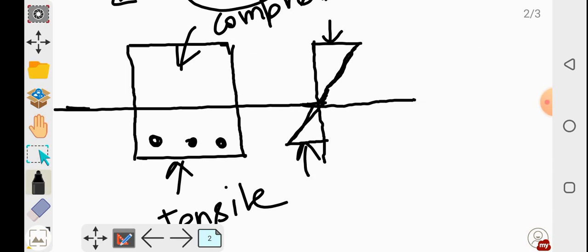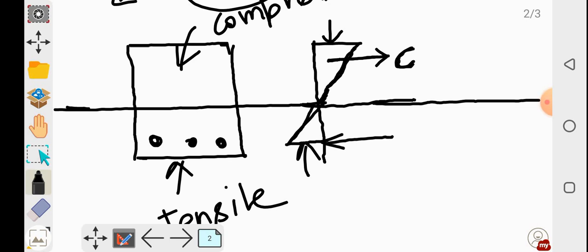Now we know, if I multiply the stress by the area, we will get the compression force. So the compression force will act like this here. Let the compression force be C. If I multiply the tensile stress by the area of steel, we will get the tensile force.